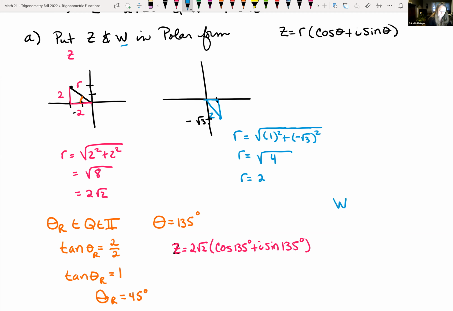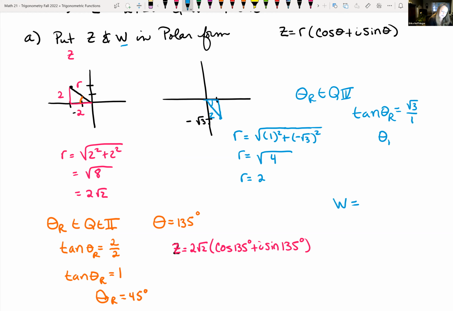W in polar form, well, we've got to figure out what our angle is. Let's look at our reference angle. We know it's contained in quadrant 4. Tangent theta sub r is equal to opposite, so that would be √3 all over the adjacent, which is 1.